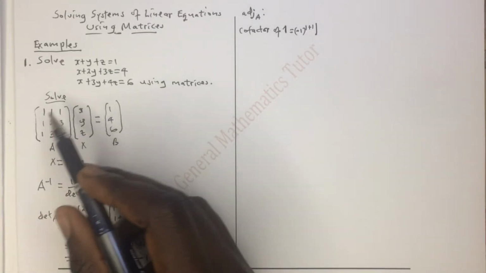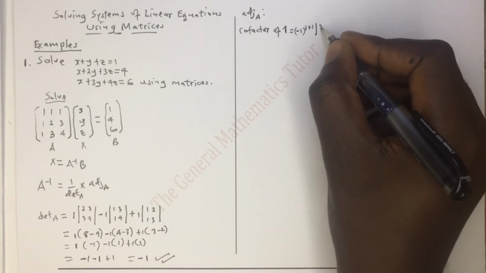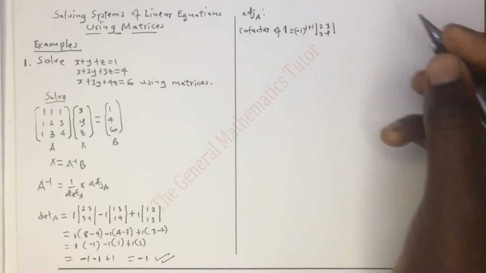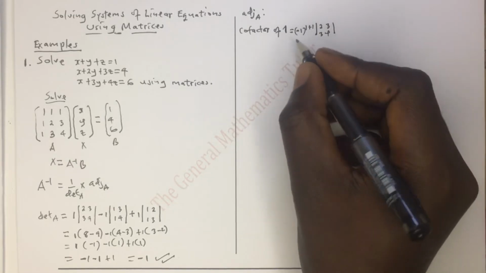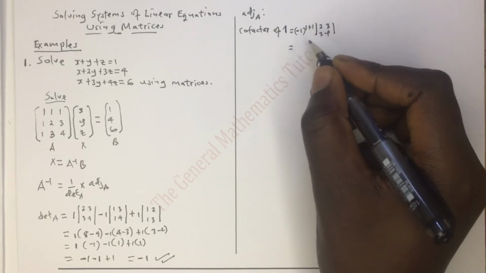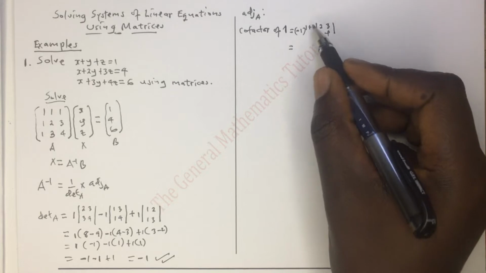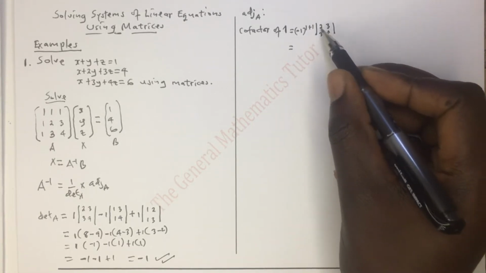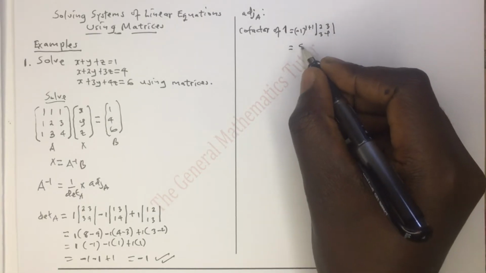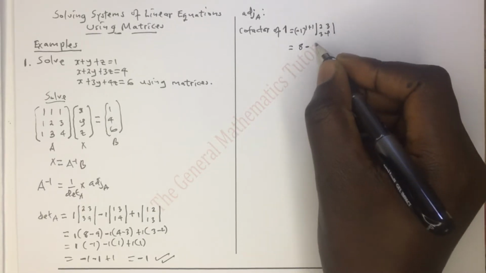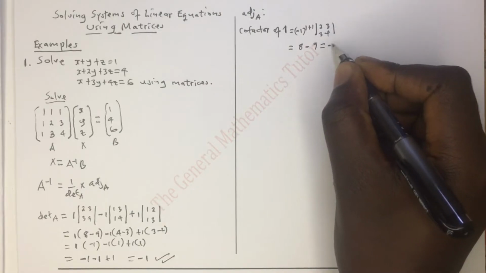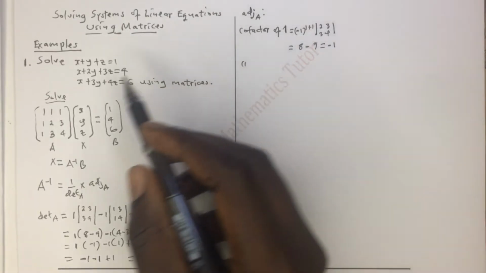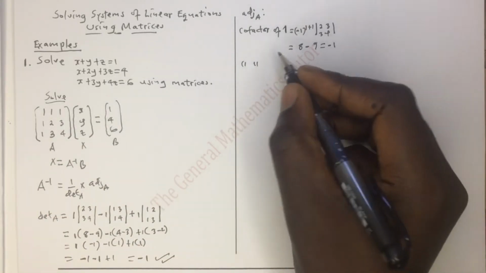Then you multiply by the small matrix that is left there, which is 2, 3, 3, 4. This is odd, even, so the negative will disappear. So we have 2 times 4, which is 8, minus 3 times 3, which is 9, and we have that to be negative 1.